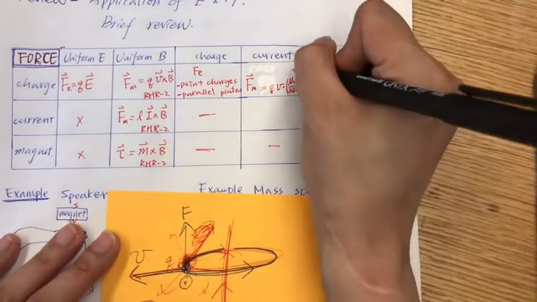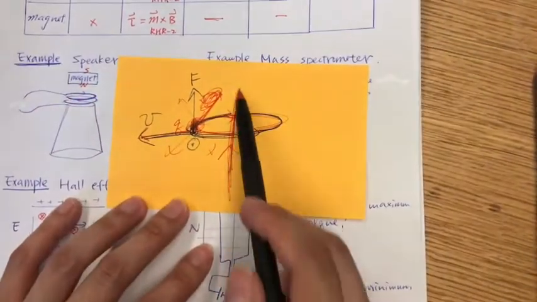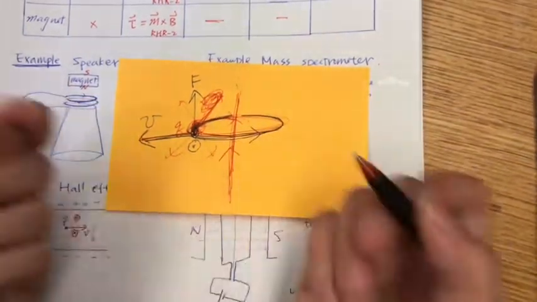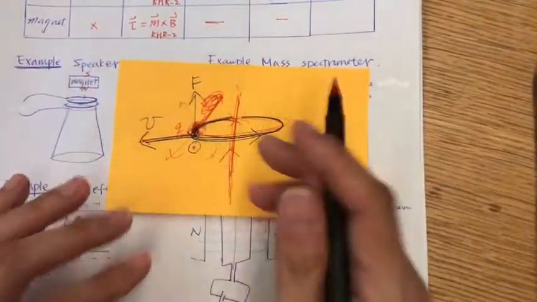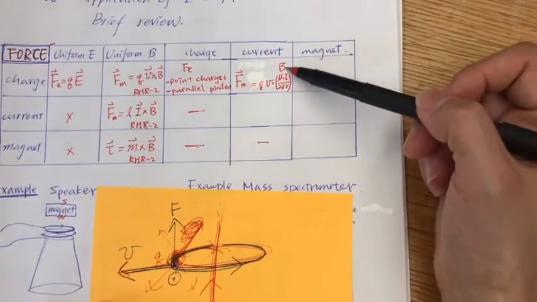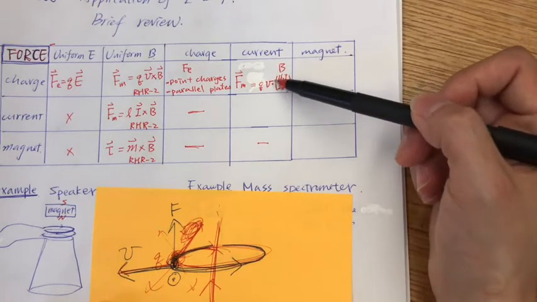Then of course the current is probably not straight. It could be a solenoid. It could be a loop. It could be many different cases. But the whole idea is you need to find the induced magnetic field first and see how the charge reacts to that.